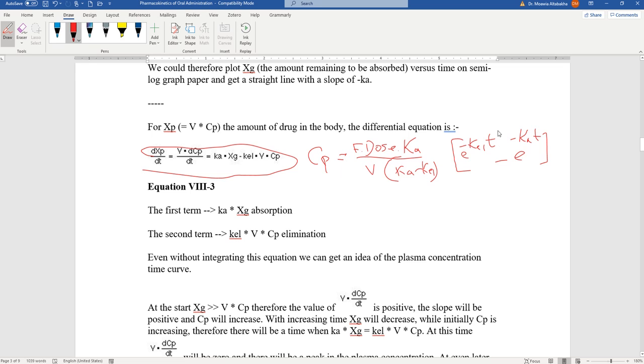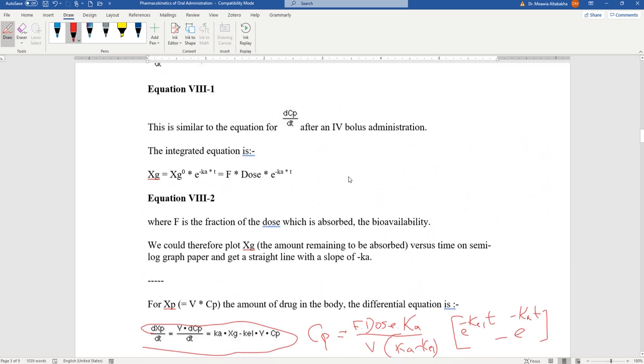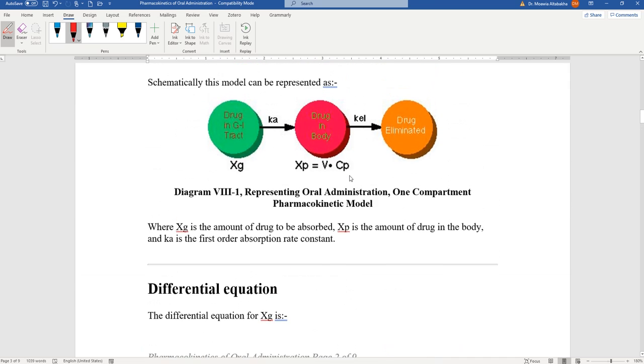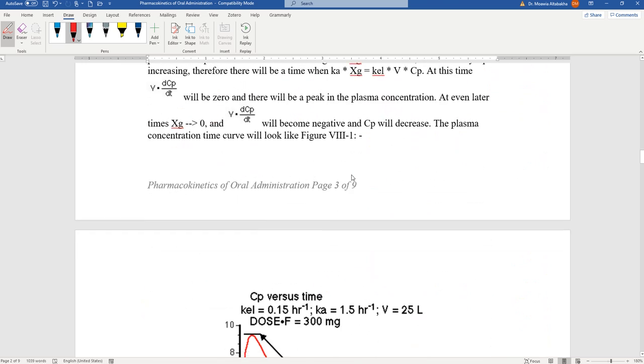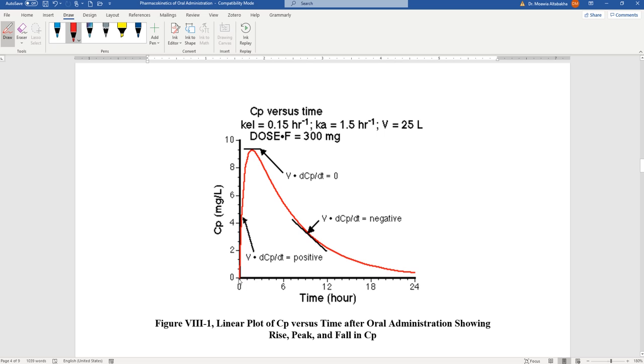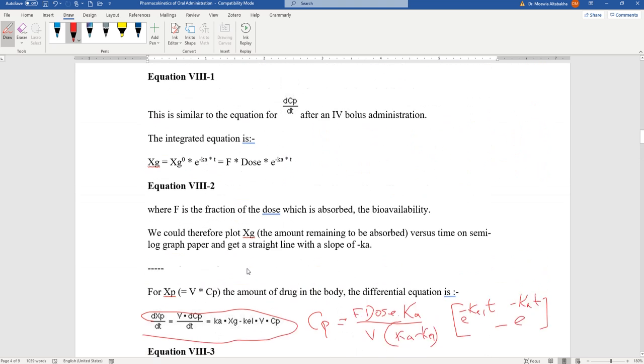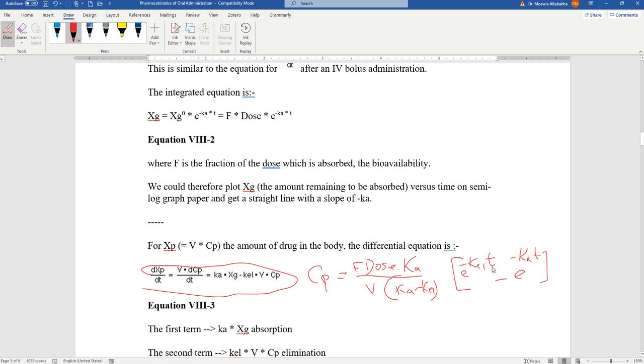So at time 0, e to the power of 0 is 1, e to the power of 0 is 1, 1 minus 1 is 0, 0 times the constant is 0. And that's what you expect. Going back to this one, you expect that at time 0 the concentration is 0, right?